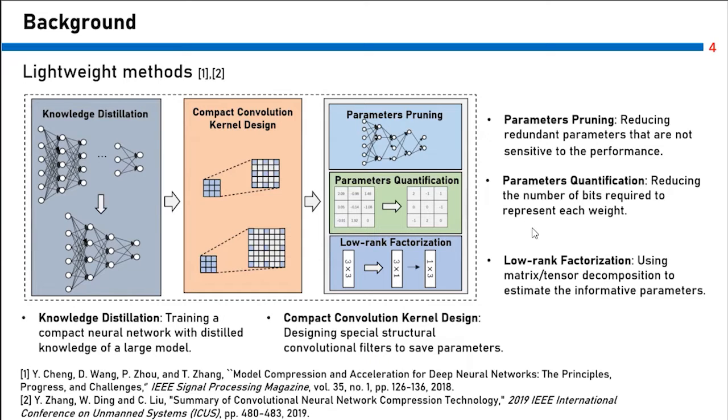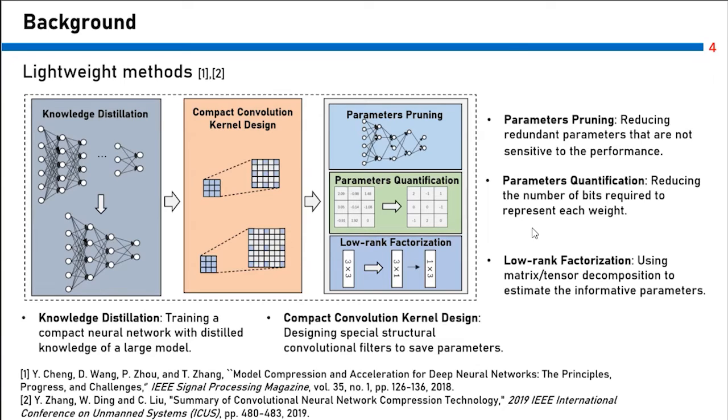In view of different neural network structure characteristics, some methods can be deployed to achieve a certain lightweight effect on the basis of maintaining the performance of the neural network.